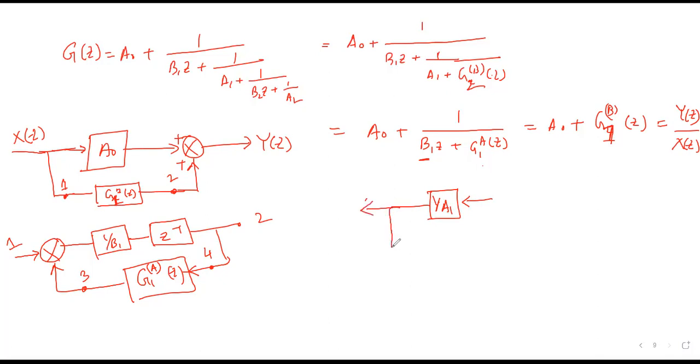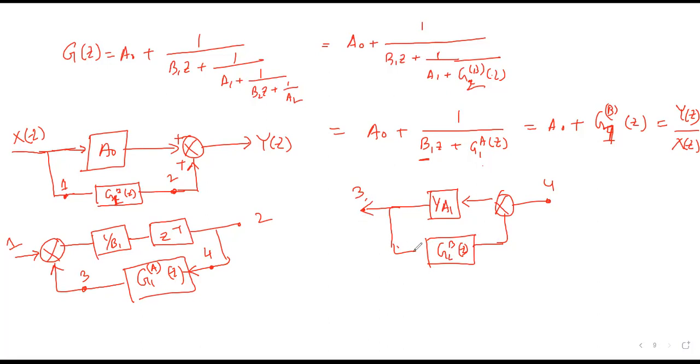So from the output, you have to take the feedback of the next one, which is G to B Z. And eventually that will go into a summing junction here. Okay, so this is your terminal 4 and this is your terminal 3.